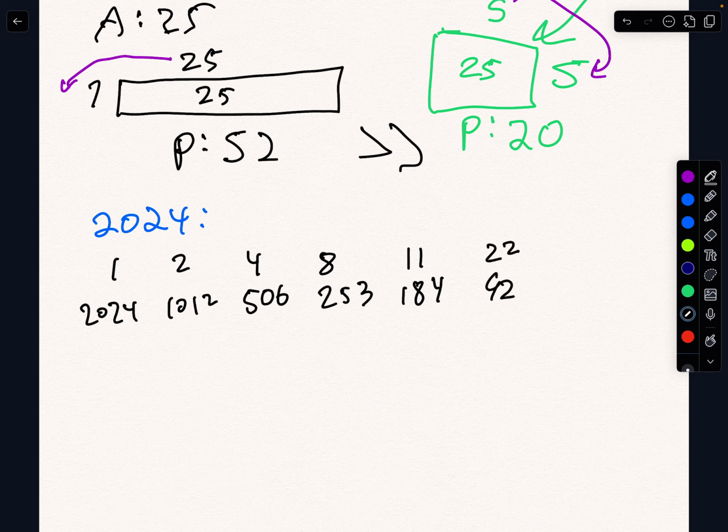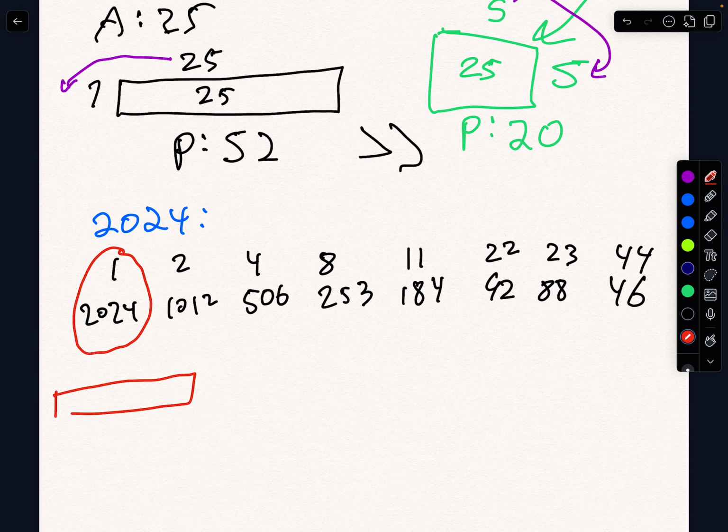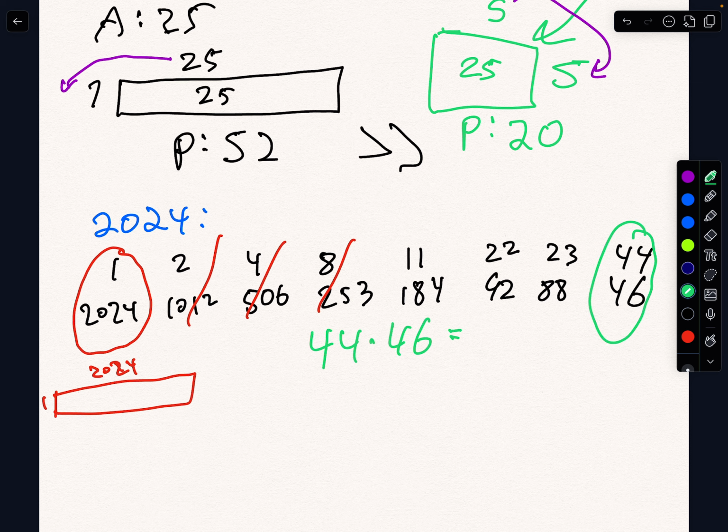So 1, 2024, 2, okay, so I just jotted down all of the combinations to make 2024.